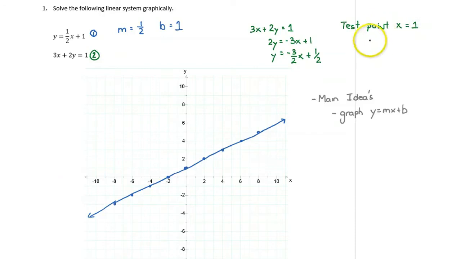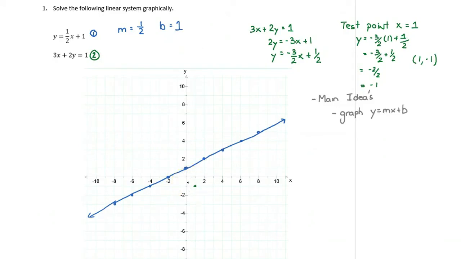So if I put x equals 1, I'm going to get y is equal to negative 3 over 2 times 1 plus 1 over 2. And so I get negative 3 over 2 plus 1 over 2, which is going to give me negative 2 over 2, which is negative 1. So therefore we know the point 1, negative 1 is on this line. So I go 1, negative 1, and there it is there.